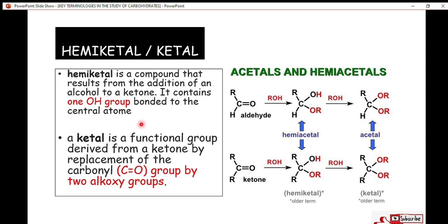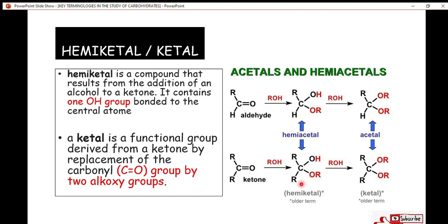So when we add one hydroxy group to a ketone functional group, we convert it to a hemiketal group. A hemiketal is a compound that results from the addition of an alcohol to a ketone. So when we add this alcohol to this ketone, we are adding one OH group to the ketone functional group.